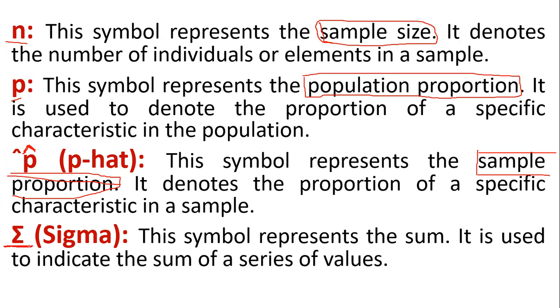Those are the symbols, and I hope when you are using them in statistics, please use them appropriately. Don't mix them. Don't put capital N in the place where you're supposed to put small n, and don't put delta in the place where you're supposed to put small n's.